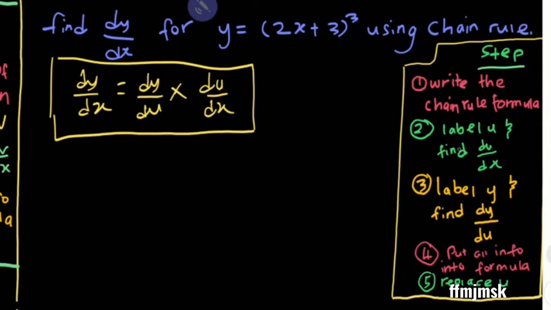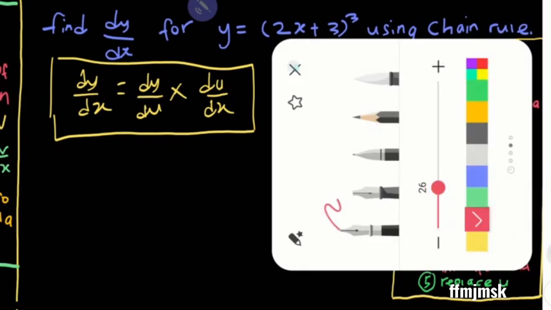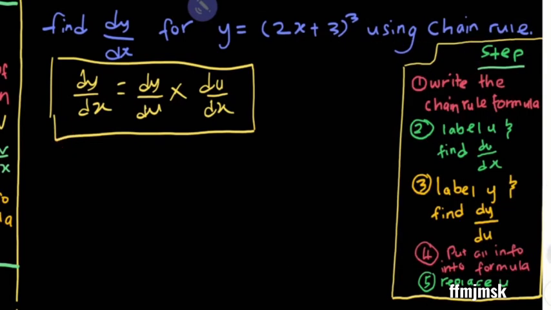Step number 2, label u and find du over dx. So basically you find the derivative for u. In this question, u equal to 2x plus 3.